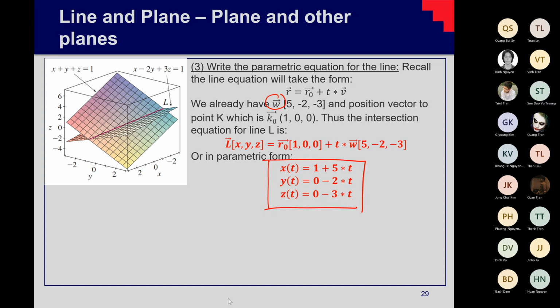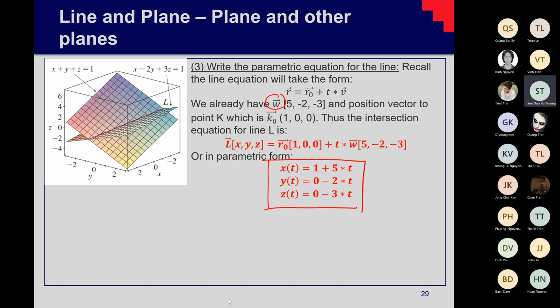So we have three possible relationships between a line and a plane. First, a line L is parallel to the plane P1 if the vector u of the line is orthogonal to the vector v of the plane, and the vector AB is not orthogonal to the vector v.